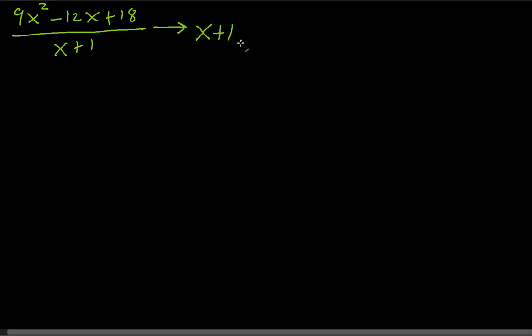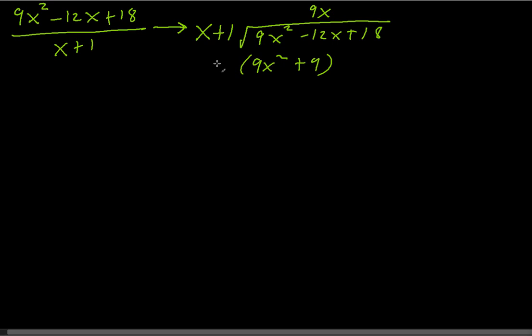So 9x squared minus 12x plus 18. What do I multiply x by to get 9x squared? Well, I think I would multiply it by 9x. That gives me 9x squared plus 9. Then we subtract. This goes to 0 by design. Then we have negative 12 minus 9. Did I mess up? Yep, that should have been an x. Okay, but that's okay. So we subtract.